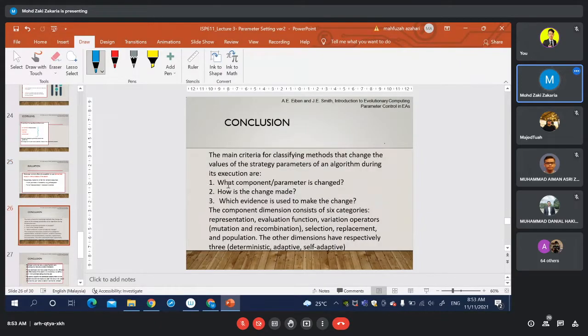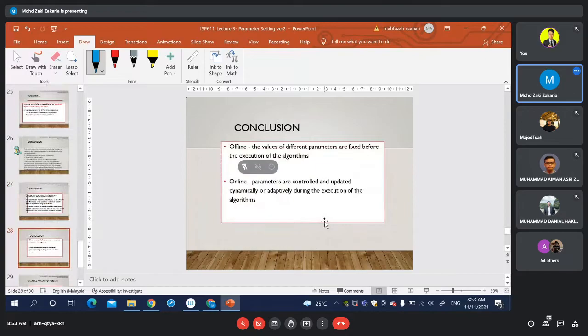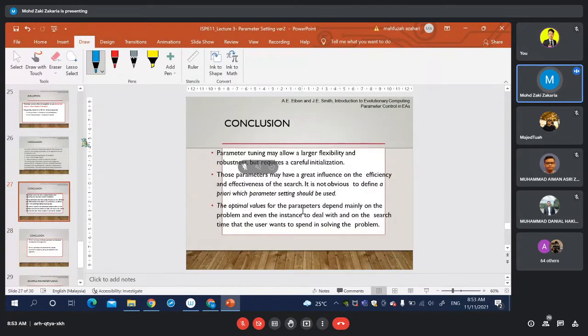And then the conclusion. Okay, I want you to go through the conclusion, then which part you think that we should explain or discuss, so then we discuss. Go through the conclusion.